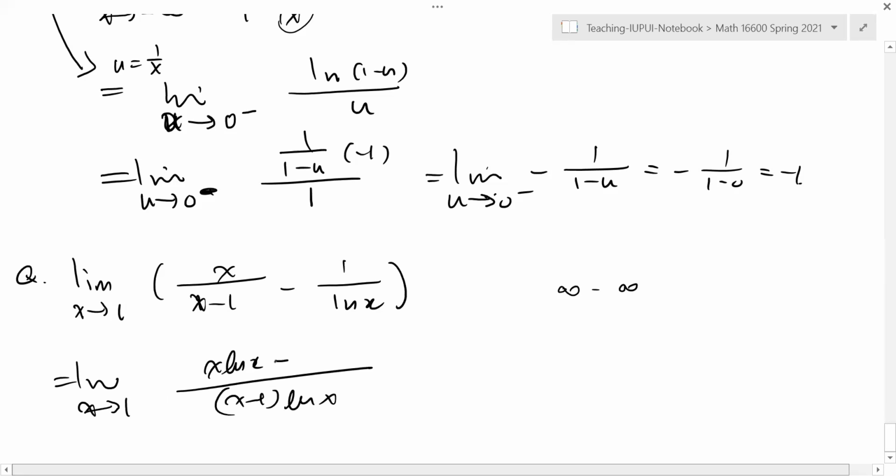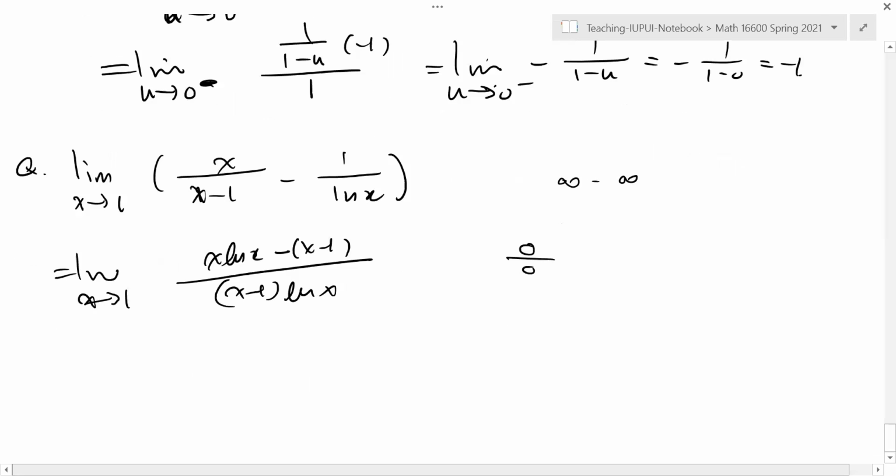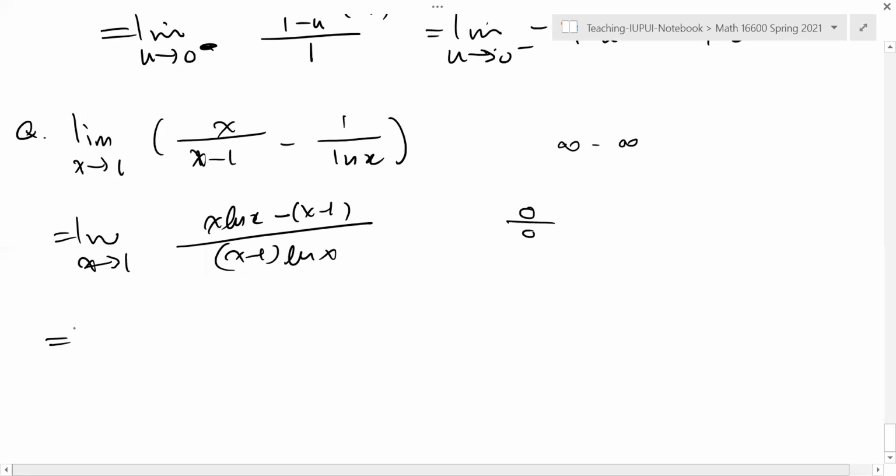And the numerator is x minus 1, over x natural log of x minus 1. Then you will see what type of function you're going to get, right? Then you get, when x equals 1, this is 0 over 0 type, okay? So you can apply L'Hopital's rule.